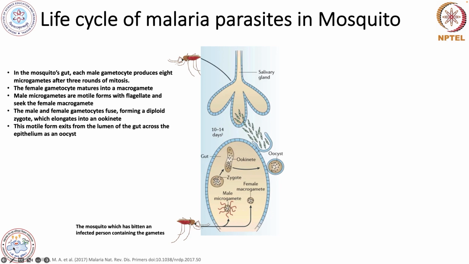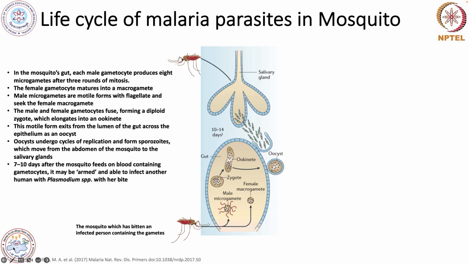This motile form exits from the lumen of the gut across the epithelium as an oocyst. Oocysts undergo cycles of replication and form sporozoites, which move from the abdomen, basically from the stomach of the mosquito, to the salivary gland.